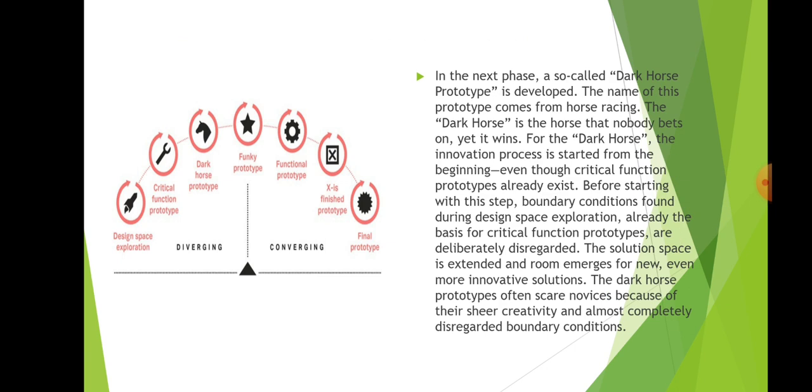The next phase, a so-called dark horse prototype, is developed. The name of this prototype comes from horse racing. The dark horse is the horse that nobody bets on, yet it wins. For the dark horse, the innovation process is started from the beginning, even though critical function prototypes already exist.